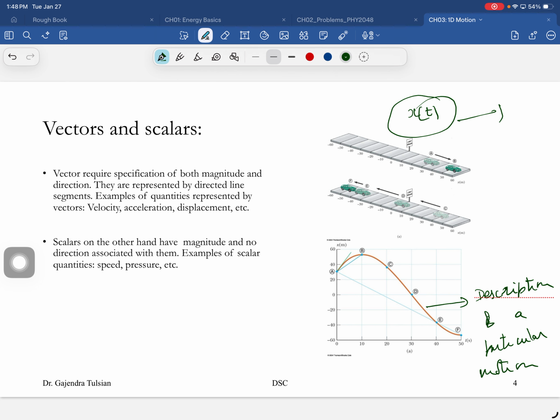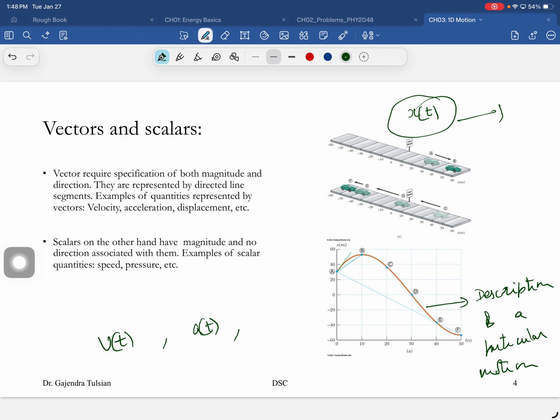When somebody asks you to describe a motion, what they're asking for is the position as a function of time. If you want to calculate the velocity, you just take the time derivative of the position. You get the velocity. And if you're interested in the acceleration, there's the acceleration.